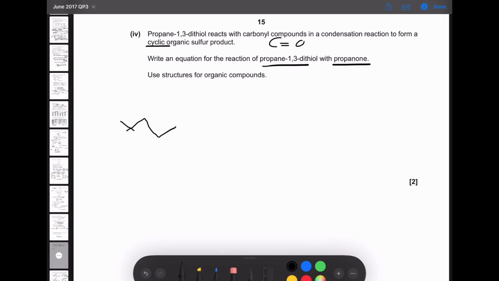And then SH, SH, and we're reacting that with propanone, which is that. And that's got to form some sort of cyclic compound, something like that. So let's look at what we've got here. We've got an H group on the end, and we've got an oxygen. Well, if we do that, we can form water.